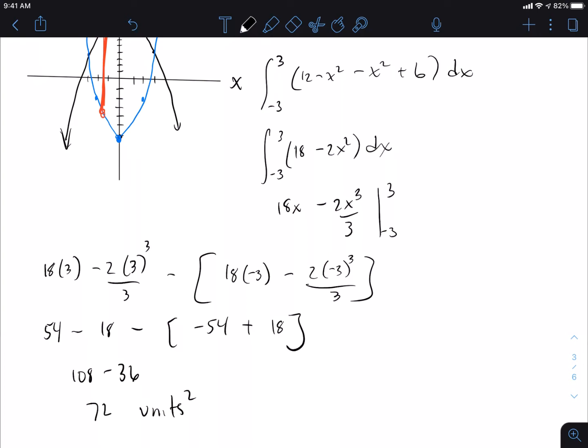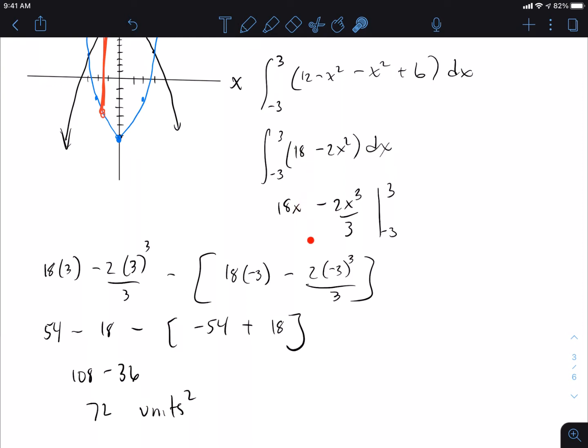Okay, Ray, you said what? How did I go from here to here? It went from 18 minus 2x squared to 18x minus 2x cubed divided by 3.